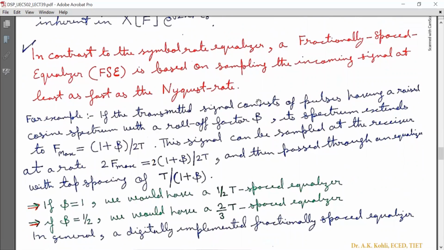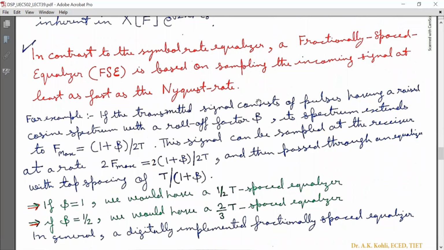In contrast to the symbol rate equalizer, a fractionally spaced equalizer, that is known as FSE, is based on sampling of the incoming signal at least at the Nyquist rate.